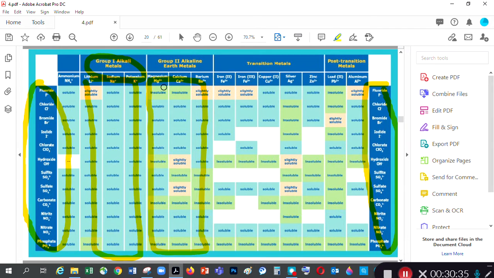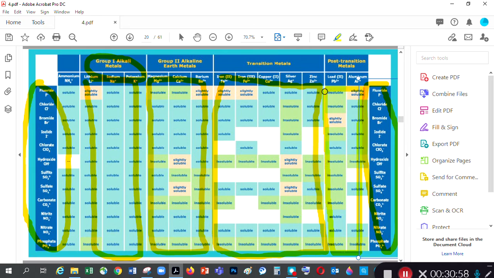And as it said, magnesium, calcium, barium, and lithium, sodium, potassium. That's an example of group A. And here the transition elements. And here other elements such as lead and aluminum.